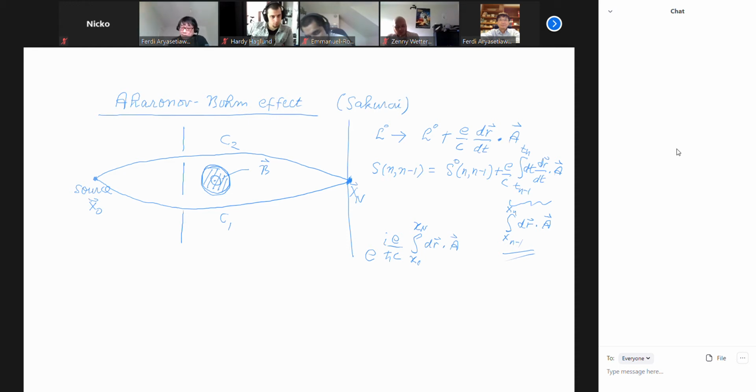So this is the additional phase factor that arises due to the presence of the magnetic field or the vector potential.